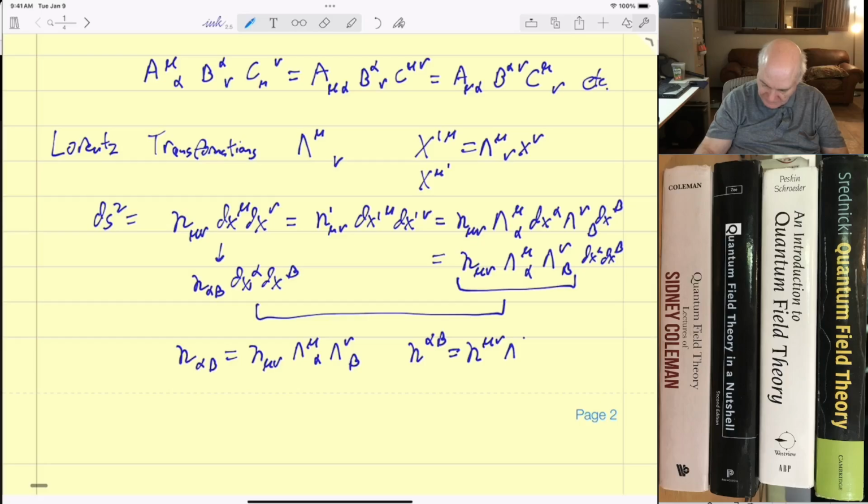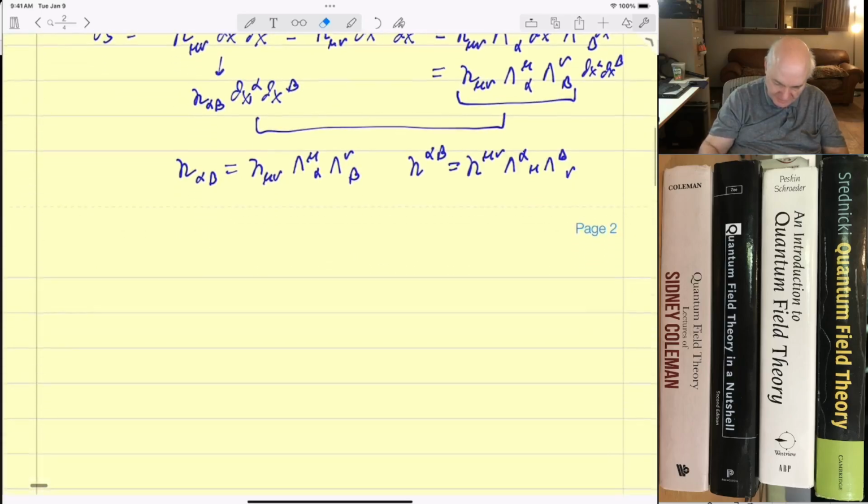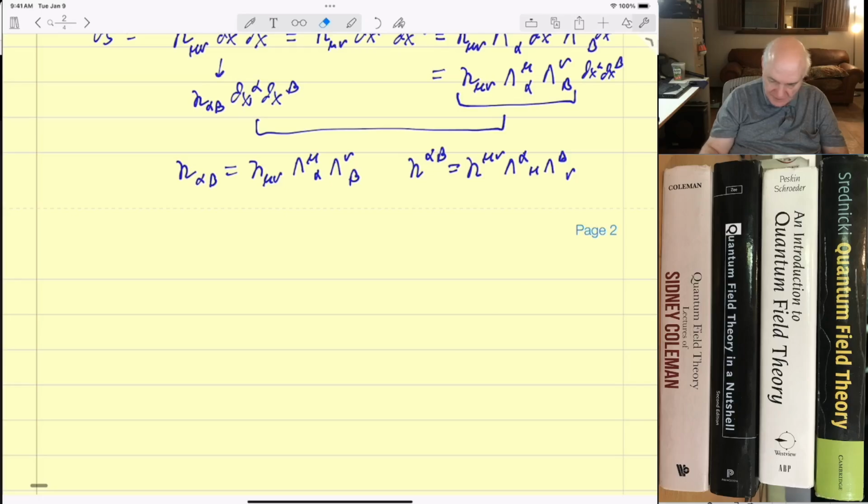So either one of these is okay. Basically you have two indices. You're summing on the metric with the two upper indices on two Lorentz transformations. We get the lower on the metric. And if we do the upper, we sum on the lower ones. Okay. Nothing profound here.